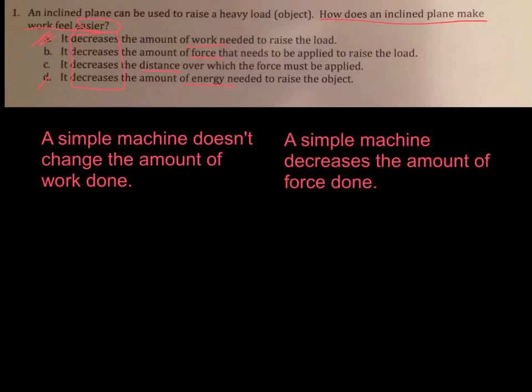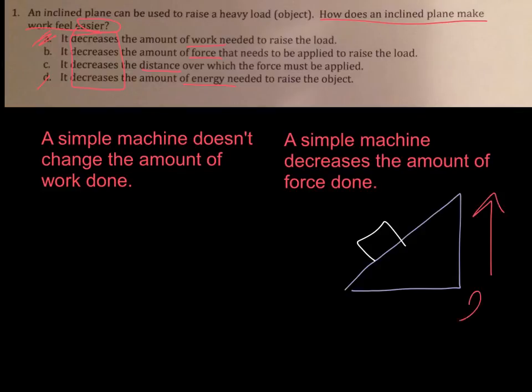So a simple machine decreases the amount of force done. We did an experiment in class where we used an inclined plane, which is a ramp. We used it at different heights, and we measured the amount of force that it took to raise a load, to raise an object. What you noticed, and what you wrote down in your journal, is that when we raised the load straight up, it took about 2.5 newtons of force.